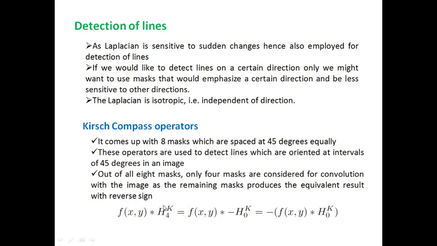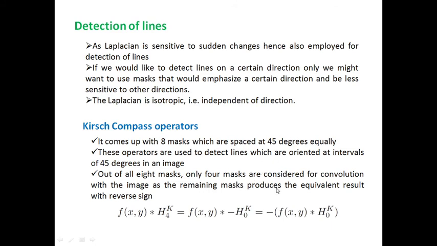So once any of the masks is convolved with the input image, I can diagnose where the line is present in the given input image, and also I can comment on which line is passing at that particular point.